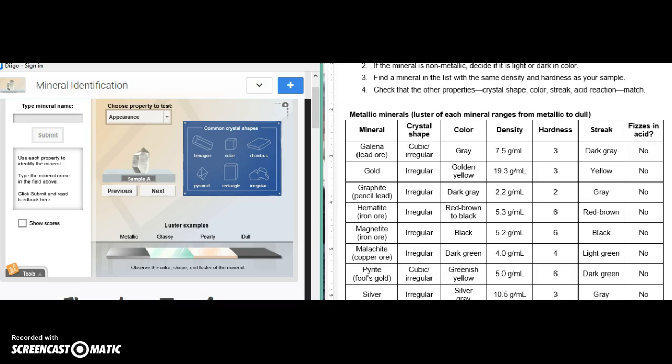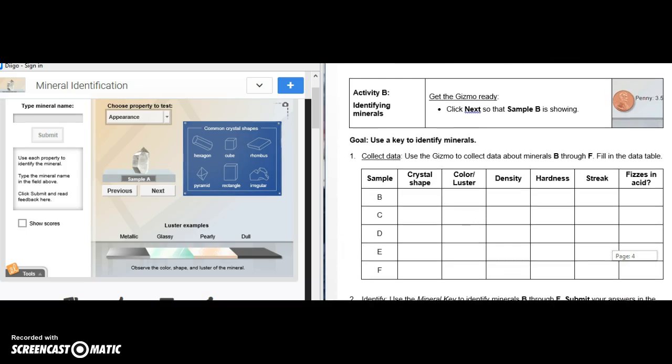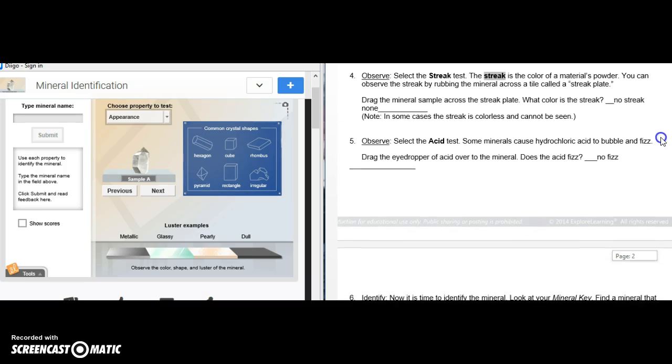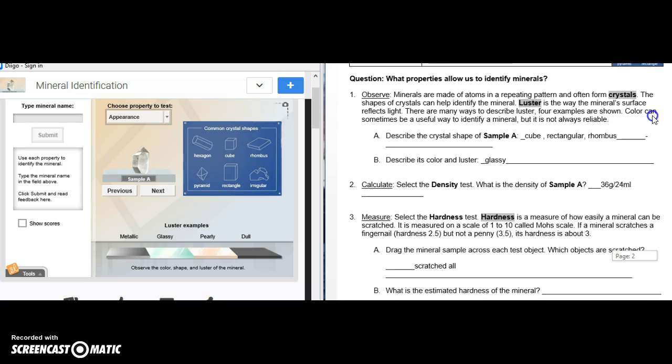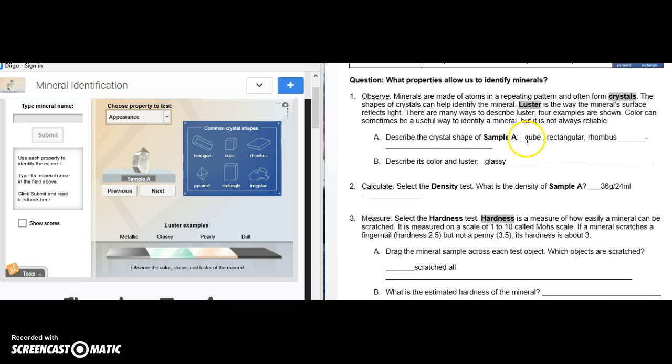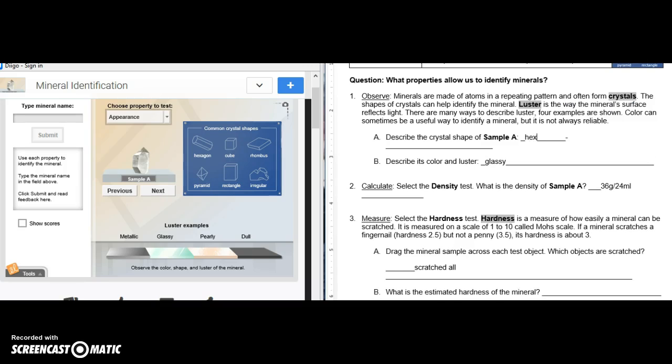And you can record that, or I'll record it for you, in some blanks up here. So I'm going to call this hexagonal. Okay, and I'll just write it so we remember what shape it is.